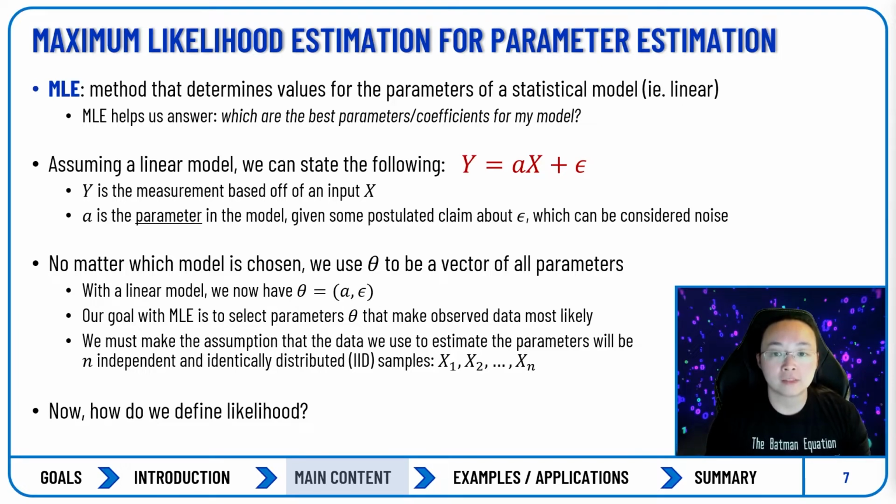If we have our samples and measurements given as x1, x2, up to xn for n measurements, then we assume that they are all independent and identically distributed, labeled as IID. If we make that assumption, then we can model each of these values based off of one singular distribution. And it's from that point we can start defining the likelihood of our situation.